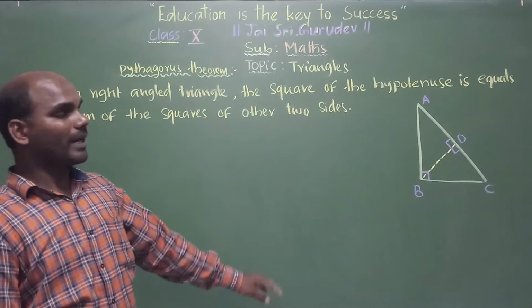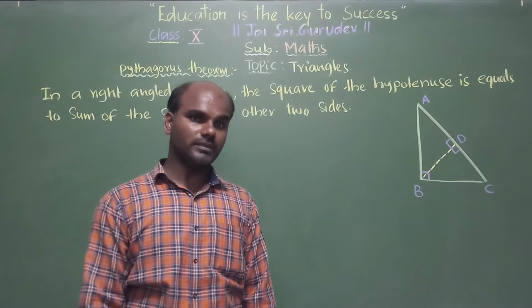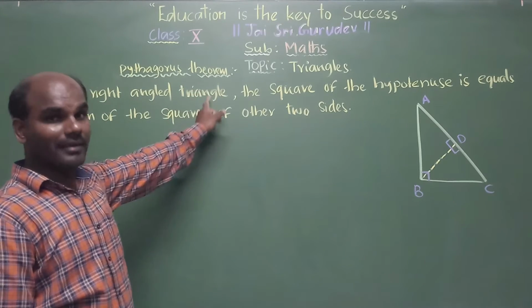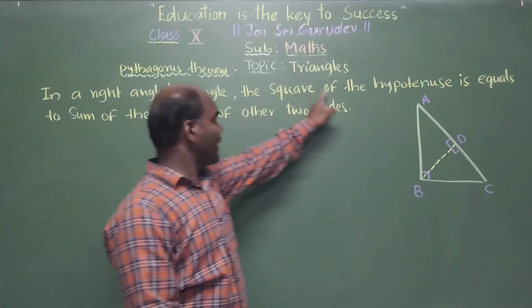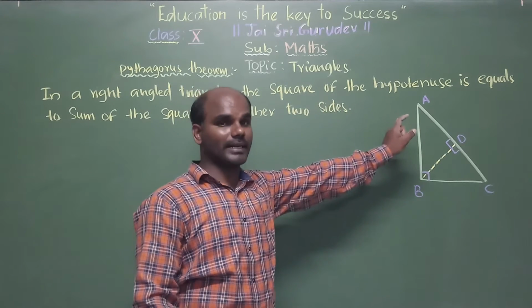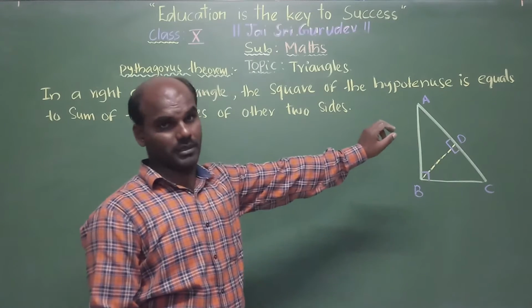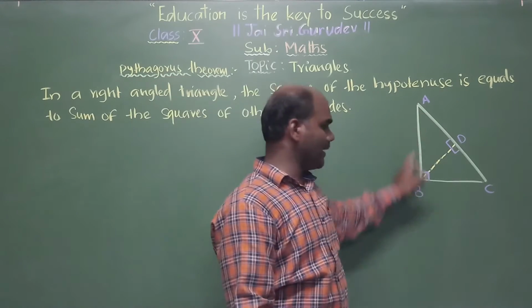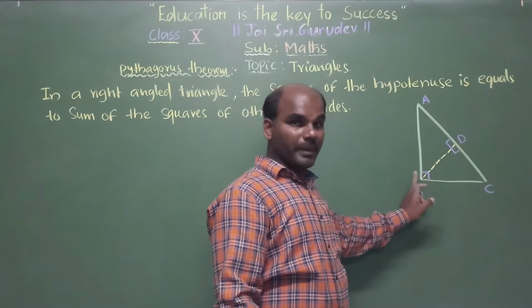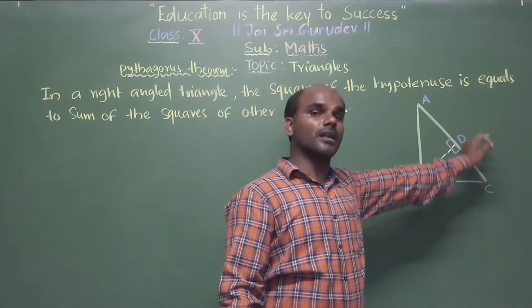So what I give in the statement is: in a right angle triangle, the square of the hypotenuse. Here we are writing hypotenuse, a new word for us. In a right angle triangle, the side opposite the right angle B is the longest side.